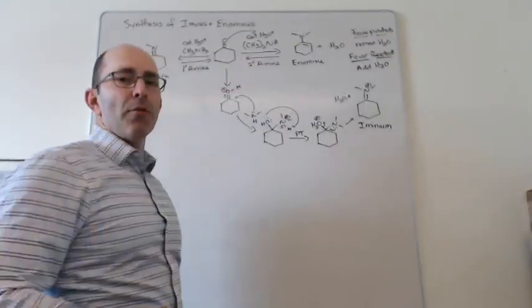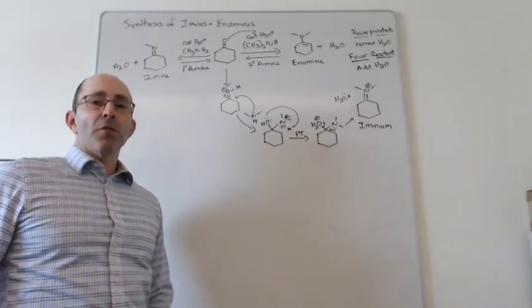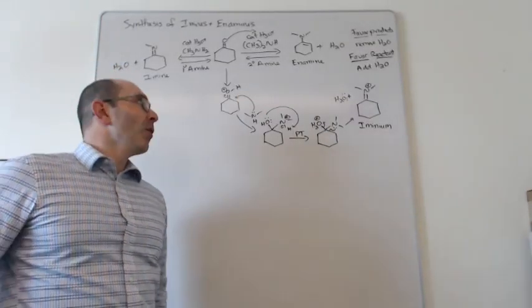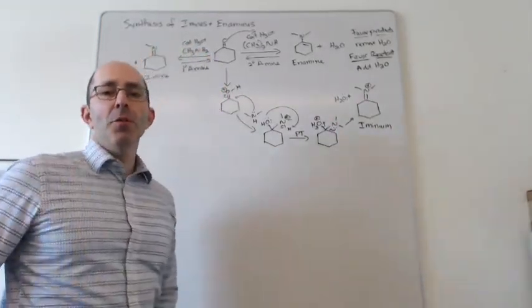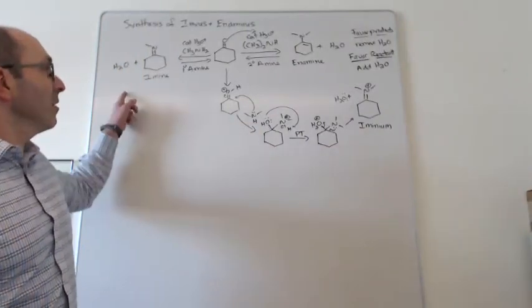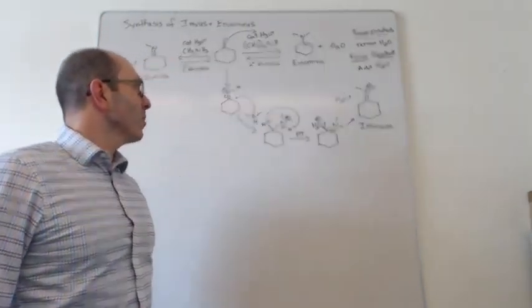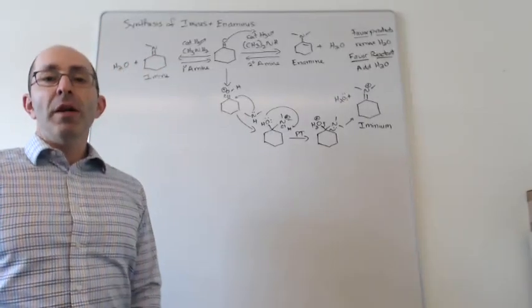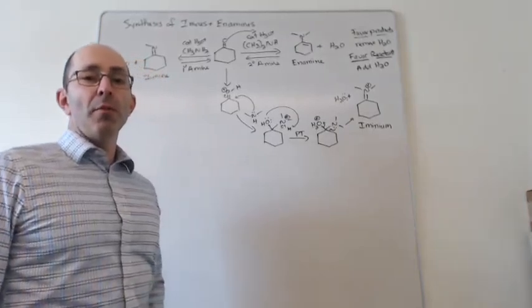And we need to get from that iminium ion intermediate to a neutral product. There's a variety of ways that we can do this. When you get to an iminium ion like this, where there's no NH bond, we can't do a proton transfer. We'll do that to get to the imine in just a minute. But when you get to this iminium ion formed from reaction with a secondary amine, you can't do that. So to get to a neutral product, you're going to have to remove another proton.